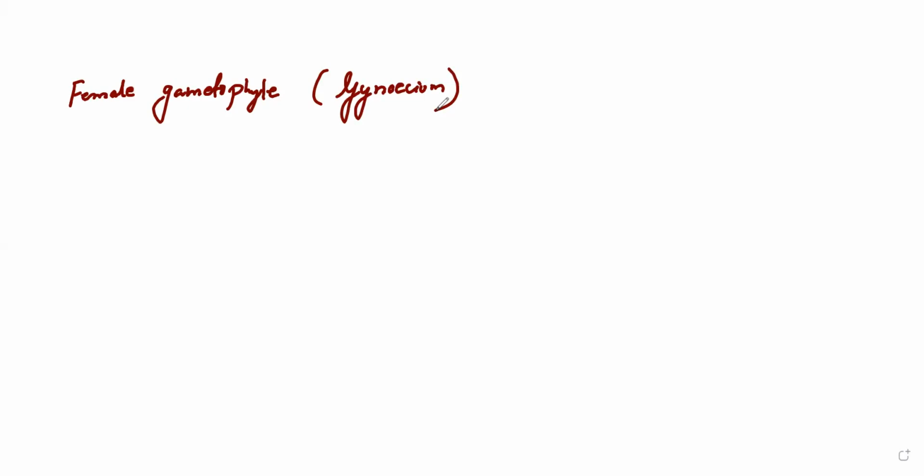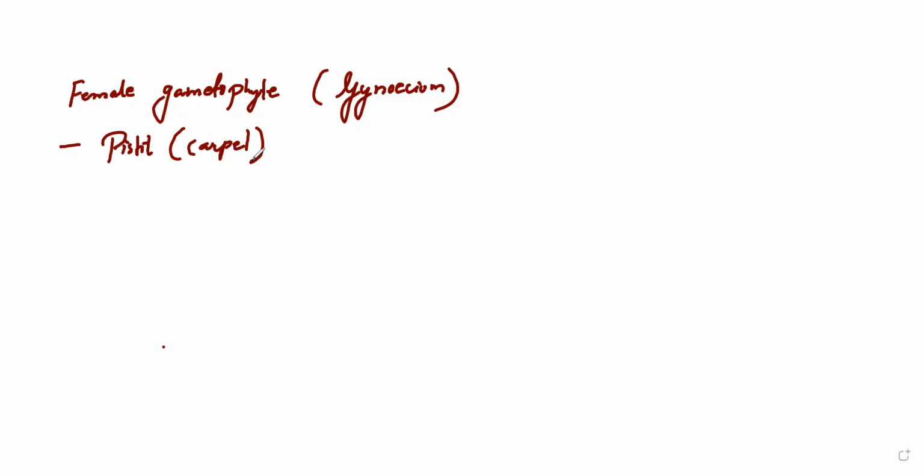Now here we have an important term which is called as what? Pistil. Like the carpels, you can say. Generally this carpel may be present as one in number or many.